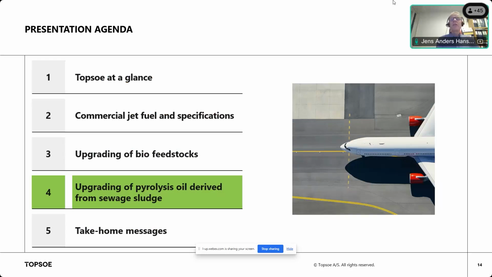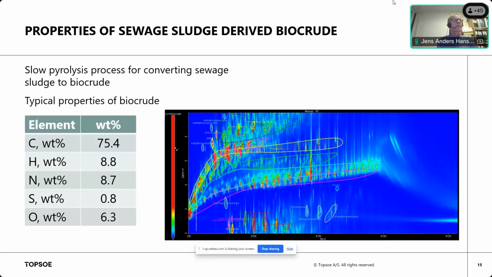Then let us go to how you can upgrade the pyrolysis oil derived from sewage sludge. Here I have listed the elemental composition. You can see the high nitrogen content, 8%. That's a lot, and you have to remove all the nitrogen. And you can see here the GC×GC chromatogram that we can look into, what kind of components you have in the sewage sludge, and then you can study as you upgrade it.